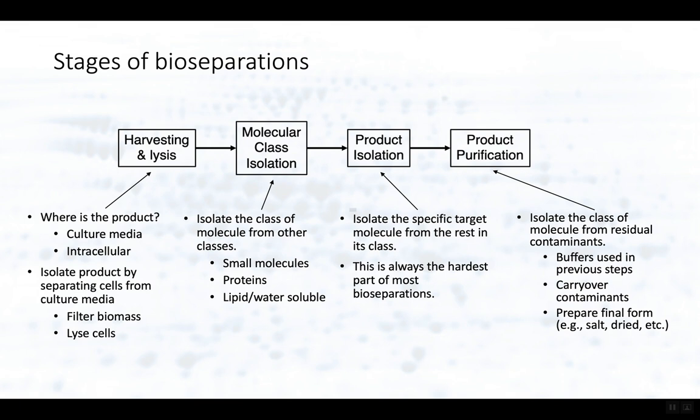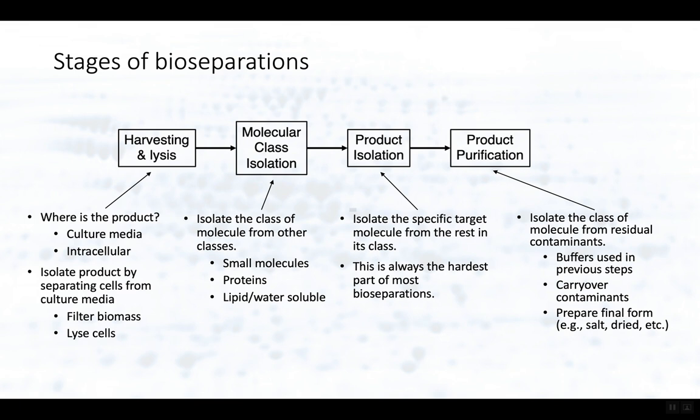In this step, we often do things like buffer exchange. We may do crystallization to purify the product as much as possible and remove all those carryover contaminants, both those used in the separation processes up to this point, such as various buffers, and any other carryover contaminants that might be present.